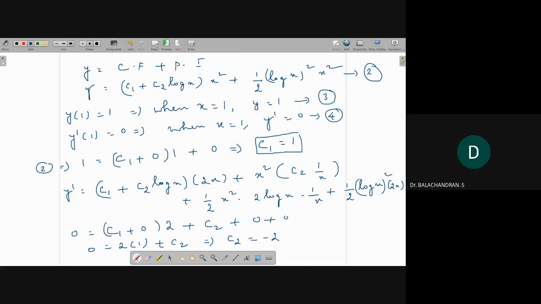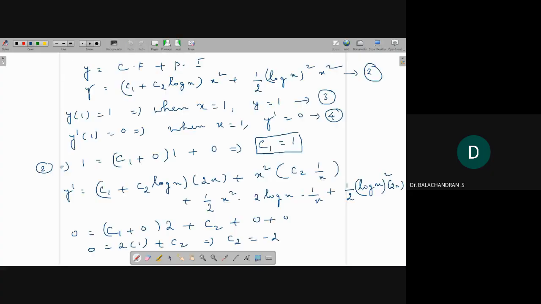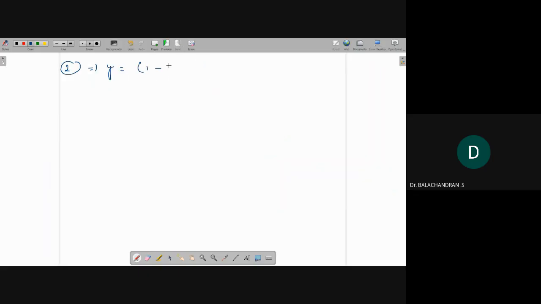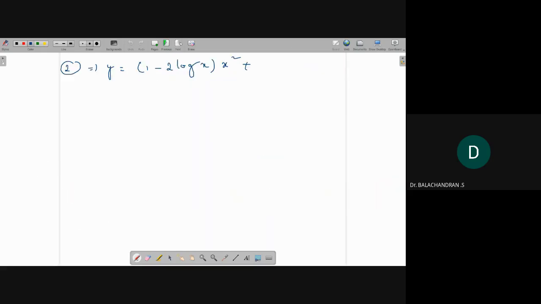So equation 2 implies y equal to 1 minus 2 into log x into x square plus 1 by 2 log of x square into x square. So this is the final answer.